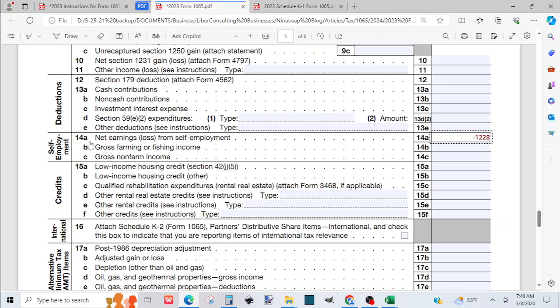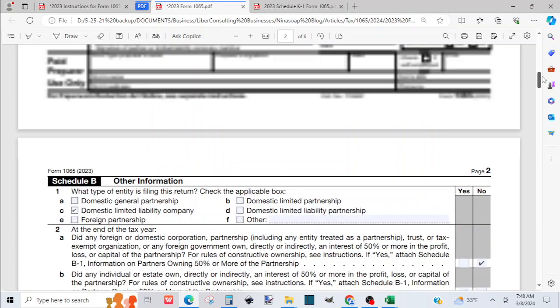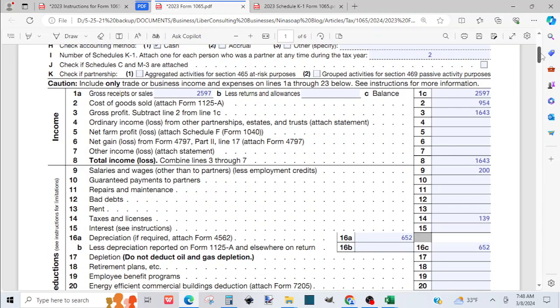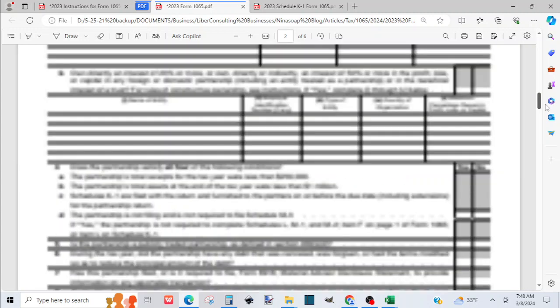They say line 14B, gross farming or fishing income, and line 14C, gross non-farm income. Non-farm income will be the income from page 1, 1643, the gross profit, or line A.